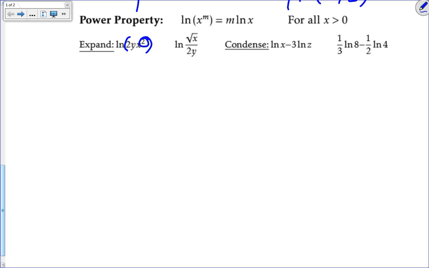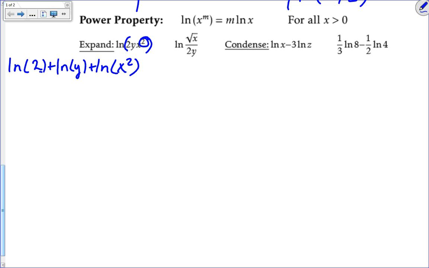Addition, right? So it's going to be ln of 2 plus ln of y plus ln of x squared, right? We just broke that up. So now, we can't do anything with this ln 2. That's just a number. Can't do anything with the ln of y. What about the ln of x squared?